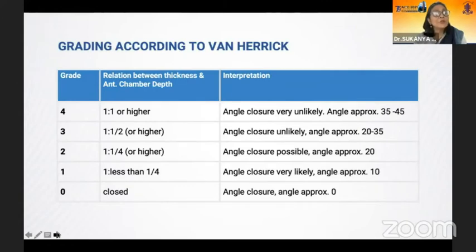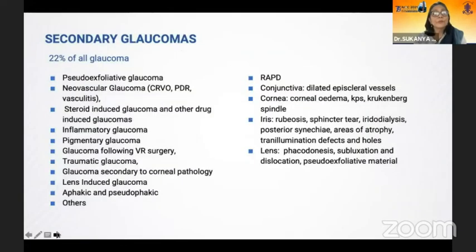These are grades 2, 3, and 4. But if it is 1/4 of the cornea thickness or even less, then we are worried, and a gonioscopy is a must to identify any occludable and narrow angles.